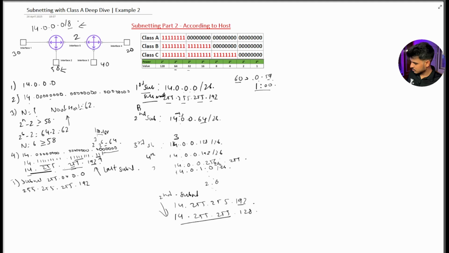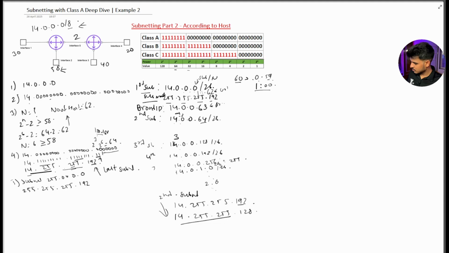Now what will be our broadcast ID for this first subnet? As the second subnet ID starts from 14.0.0.64, our broadcast IP will be just the IP before this IP. So it will be 14.0.0.63, because the actual usable IPs start from 14.0.0.1 and go till 62. These are the actual usable IPs, this is the network or subnet ID, and this is the broadcast.